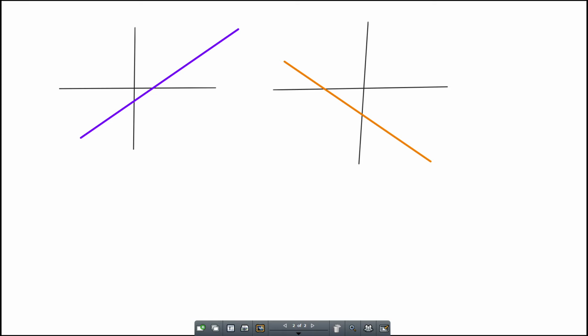As jy nou, watter hand sou ek oplig om hom te wys? Regterhand, nee. Okay, so dit is 'n positiewe gradiënt. Kan jy sien? So over here, the gradient will be positive. Okay, good. The orange or yellow line, wat hand moet ek daar oplig om my lyntjie te wys? My linkerhand, so dis my negatiewe hand. So over here the gradient is negative.